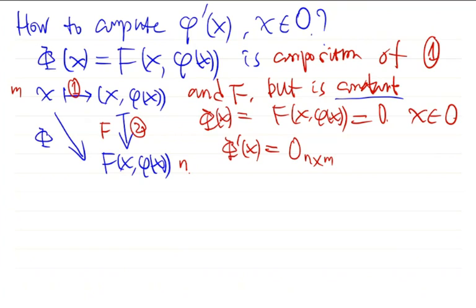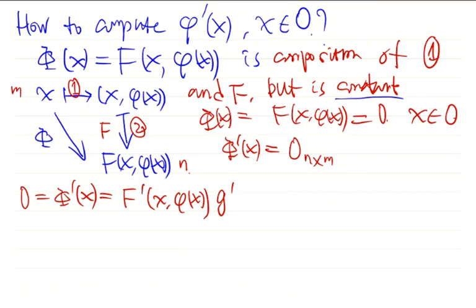On the other hand, by the chain law, 0 is the derivative of capital F and the derivative of g at x.